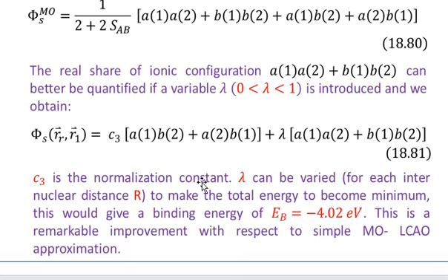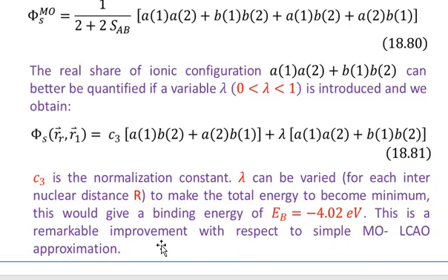So C3 is the normalization constant. Lambda can be varied for each internuclear distance R. Each time you change the value of R, you need to optimize the value of lambda to make the total energy minimum. And the criterion is that we need to find the minimum energy. This would give a binding energy of Eb equal to minus 4.02 electron volt.